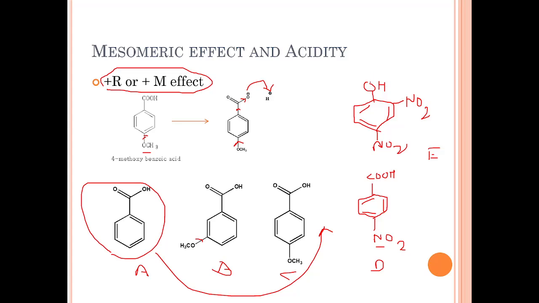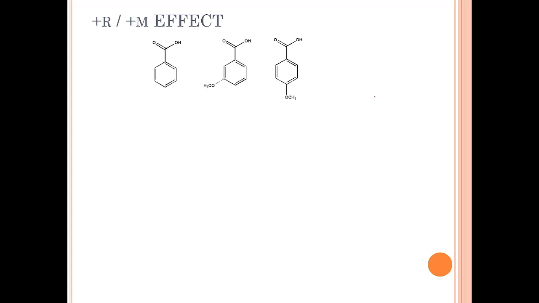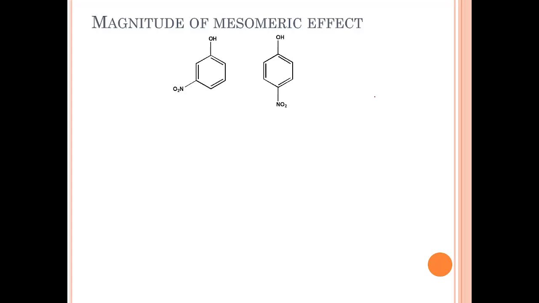Okay, why? Because phenols are weaker acids than carboxylic acids. So acids are always more acidic than the phenols. So don't overlook this OH and COOH. This COOH will be more acidic than the OH group. Okay, so I have another example for you.